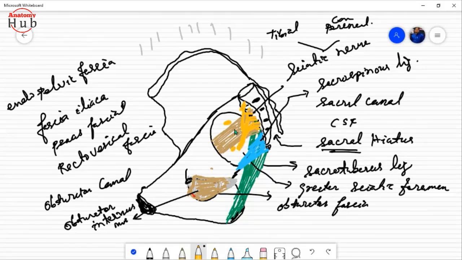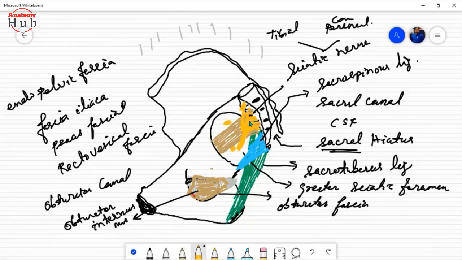So at that time, what will happen? If any spasm or any pathological condition affects this piriformis muscle, then that may compress this tibial nerve. So the tibial nerve course will be painful and dysfunctional, right.